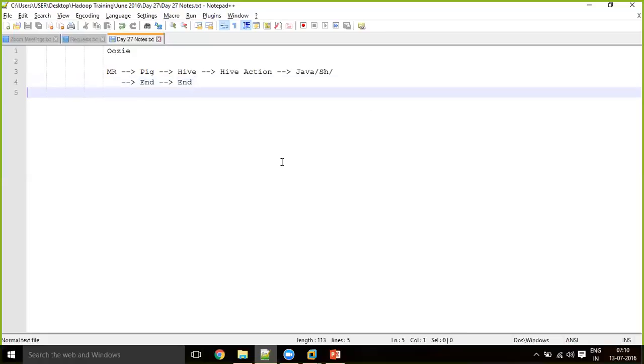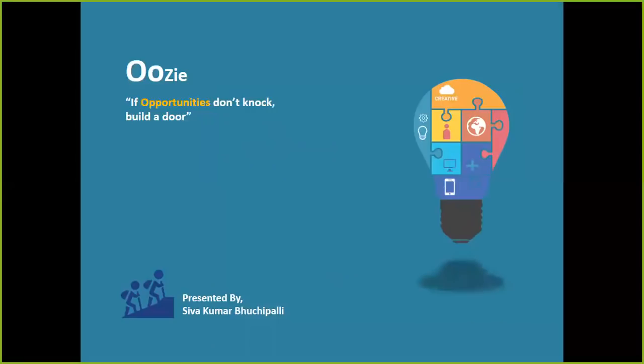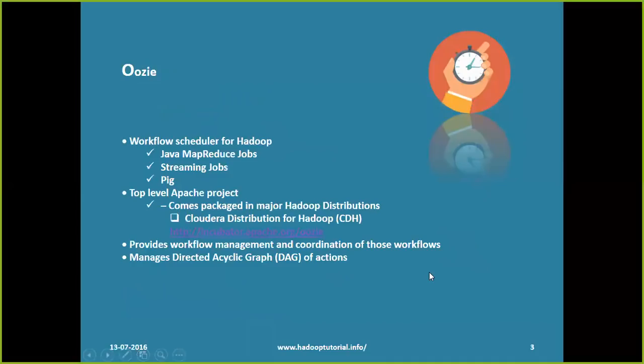Let me show you this. Oozie is mainly called a workflow scheduler for Hadoop.